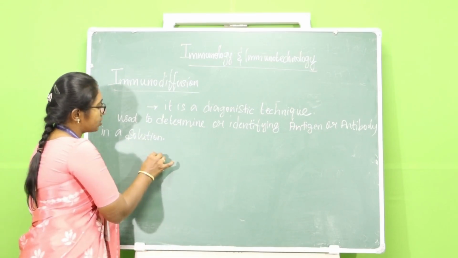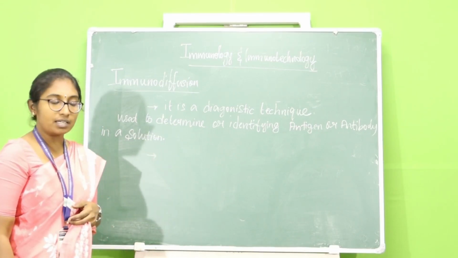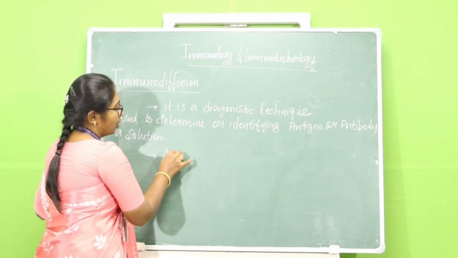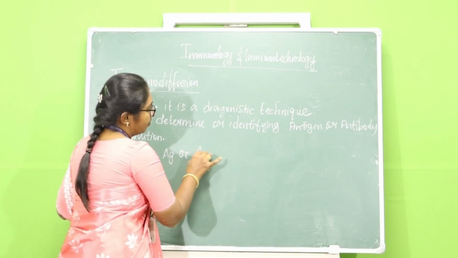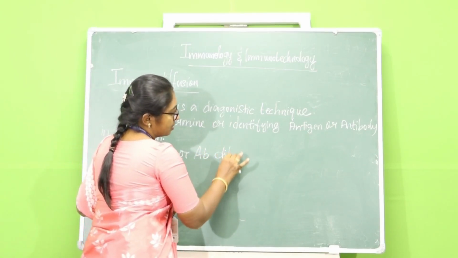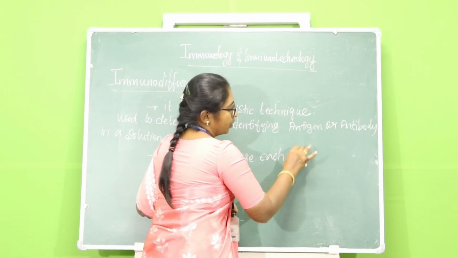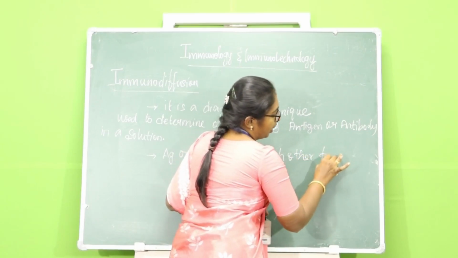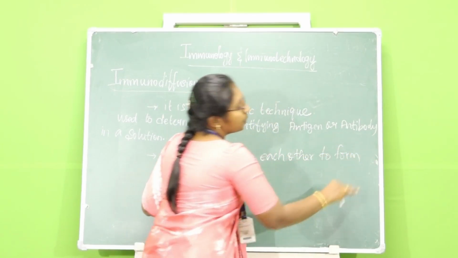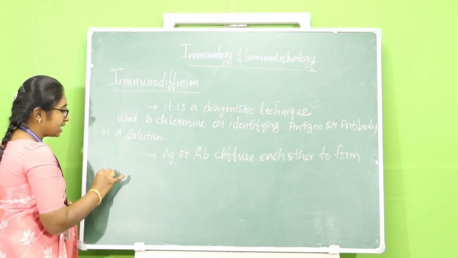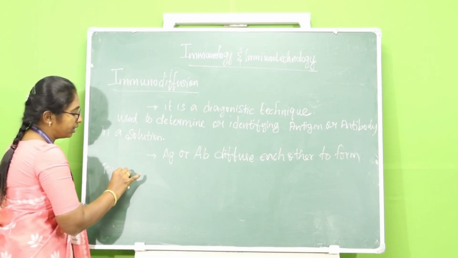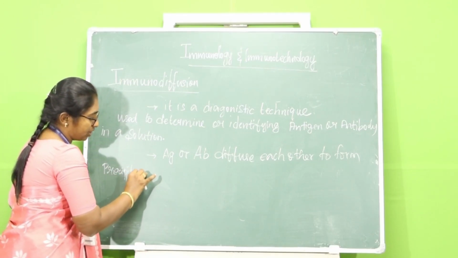So why is it called immunodiffusion? Here the antigen or antibody diffuse toward each other to form a precipitation. When the antigen reacts with the antibody, it will form the precipitation.